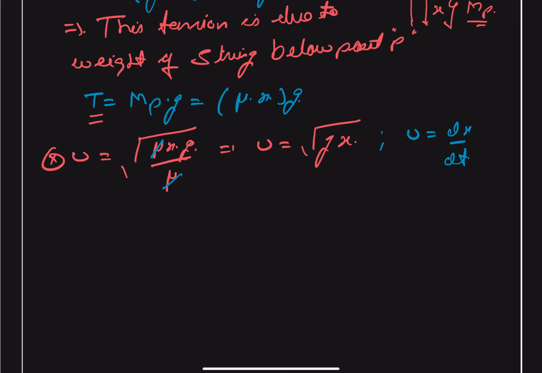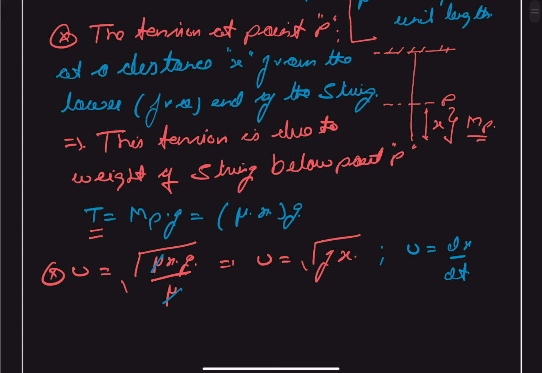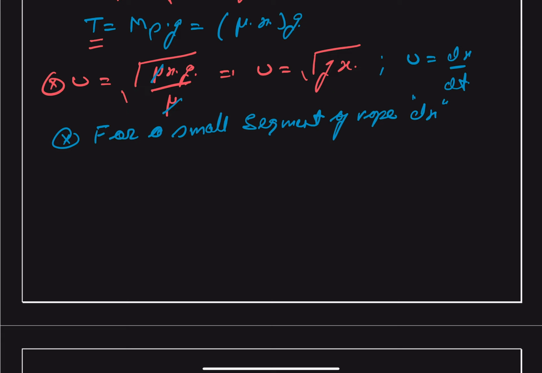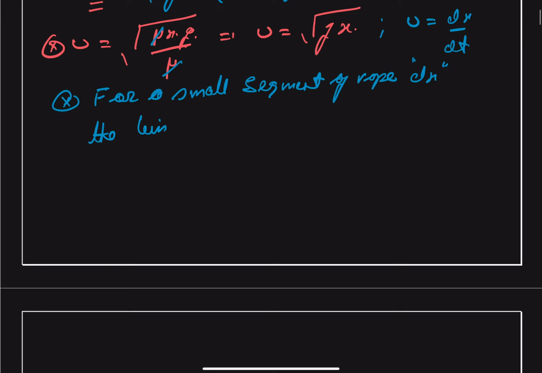So just above this point P, we consider a small length of the rope, and that length is assumed to be dx. So for a small segment of rope dx, the time taken by the pulse is suppose given as dt.